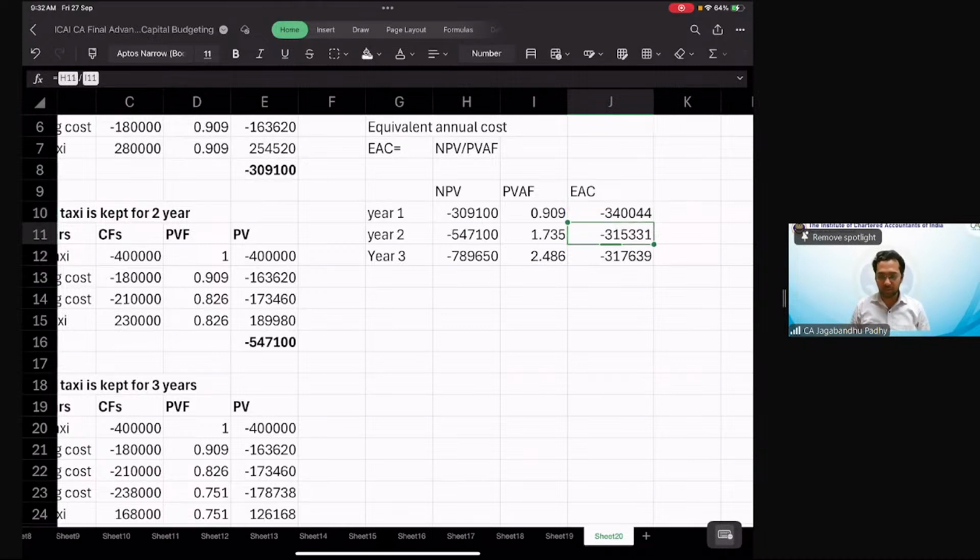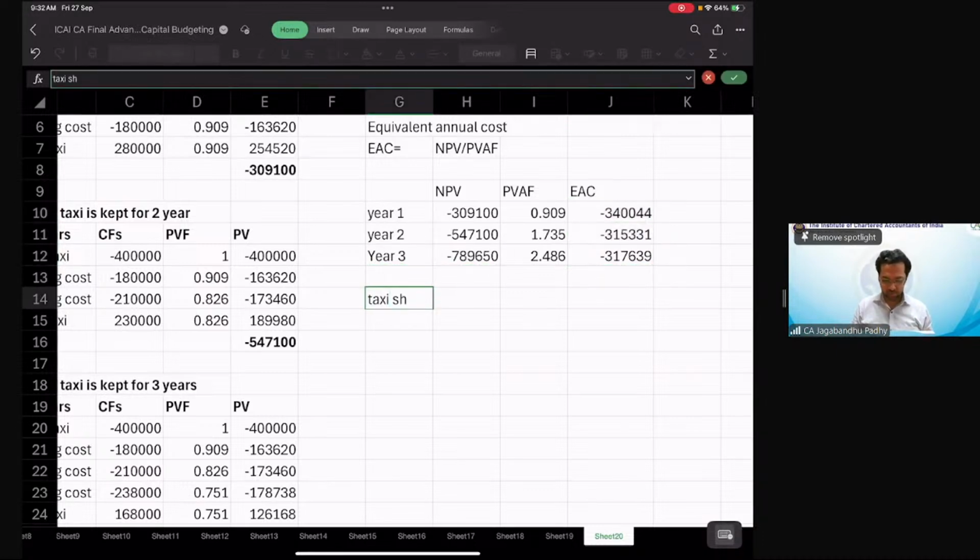In the second year, your per annum cost turns out to be 3,15,000. And if you replace it after every 3 years, the equivalent annual cost is 3,17,000. So what should be your optimum replacement cycle? Should you replace it at the end of every 2, 1, or 3? Of course, at the end of year 2, right?